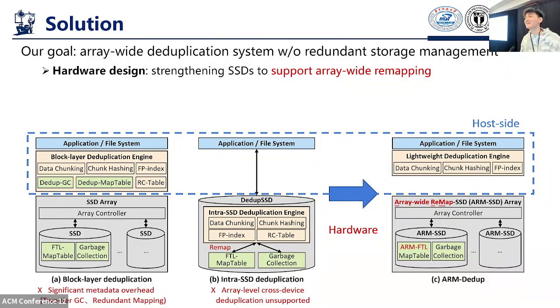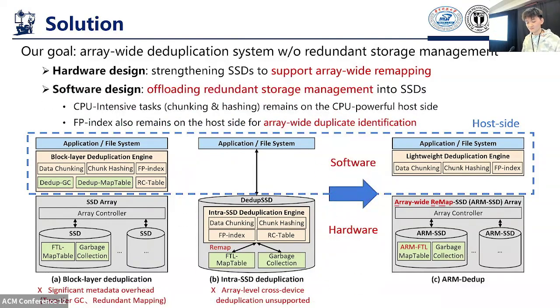A block now is in only one device because you deduplicate it. So if that device goes bad, it affects more blocks, right? So I'm just wondering, have you had a chance to look at what happens to the reliability when you do this array-wide dedupe?